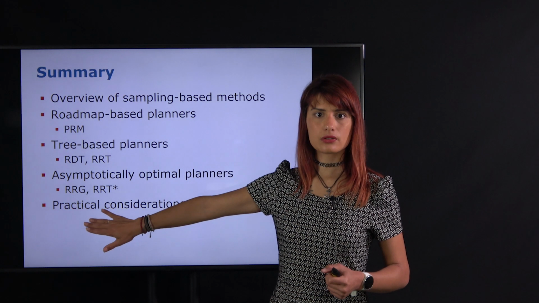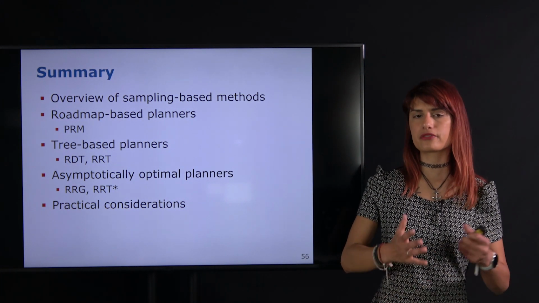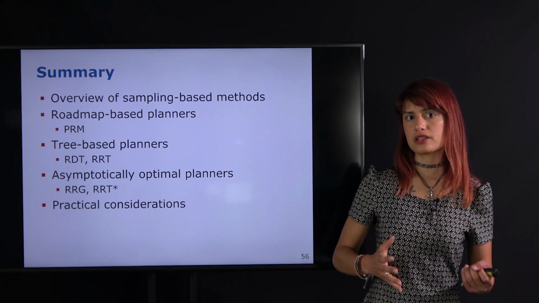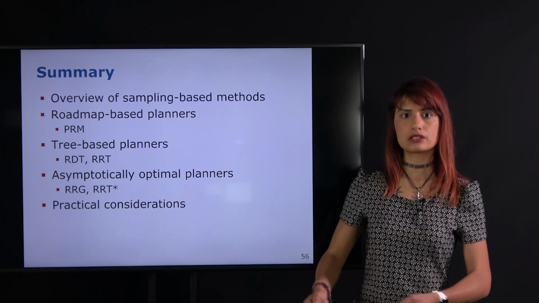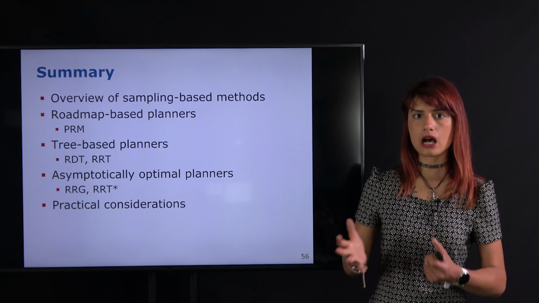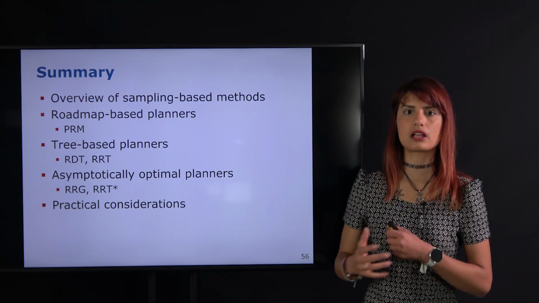Finally, the lecture was concluded with a look at some practical considerations, both for sampling-based planners, such as post-processing, as well as what tools we actually need to develop a full navigation stack for our robots, and how the navigation procedure is subdivided into global and local planning.